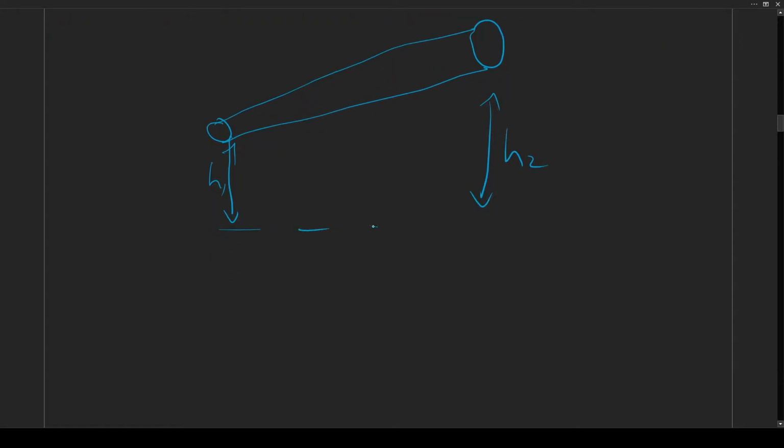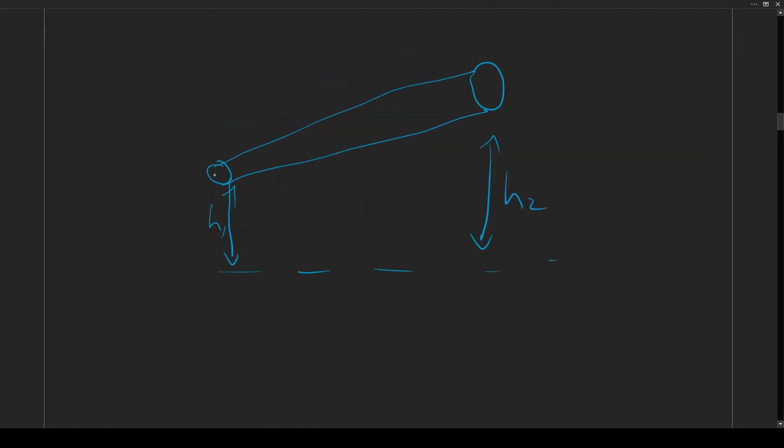If we take a pipe of varying area at different heights, H1, H2, from the ground, of areas A1 and A2, with velocity this way.